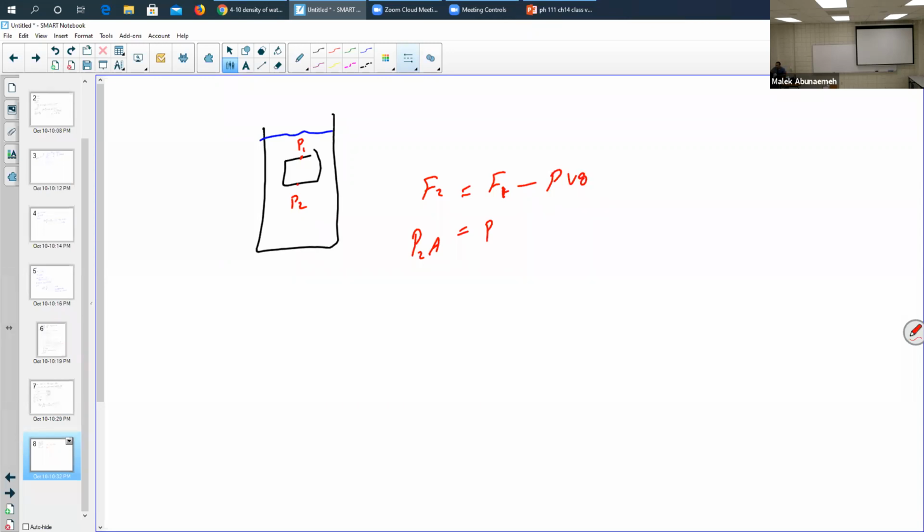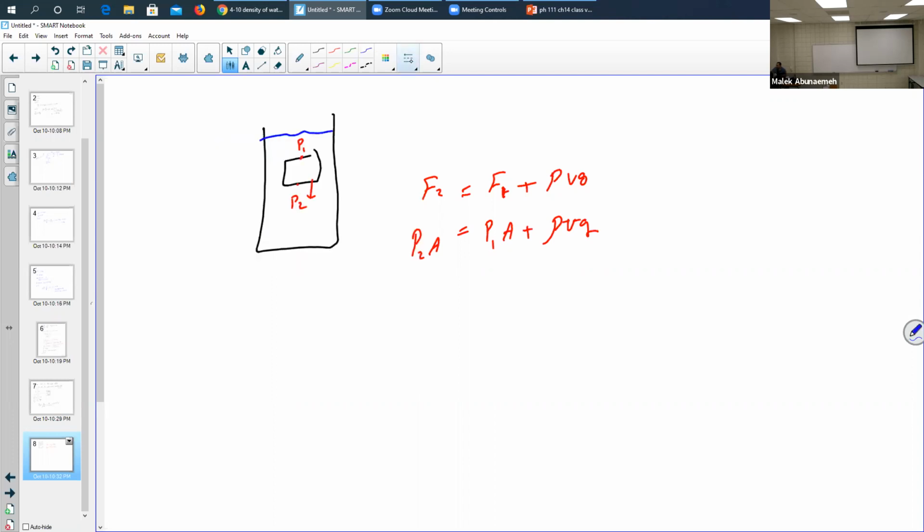So it'd be your P1 multiplied by the area. I'm sorry, it's added. Plus, you got your weight going down. That's going to be rho Vg. V again for your volume.